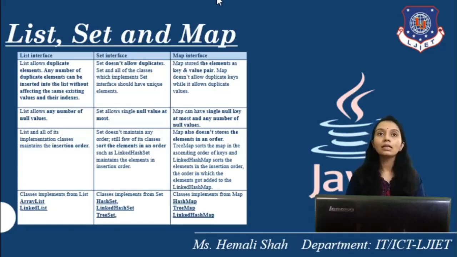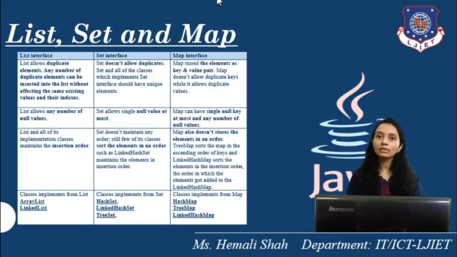Now, list maintains the insertion order: the order in which you have inserted elements in the collection is maintained by the list. While set automatically rearranges your elements and never maintains the insertion order, though some sets actually maintain it. LinkedHashSet maintains the insertion order. TreeSet sorts your elements in the collection and stores them in sorted manner only.